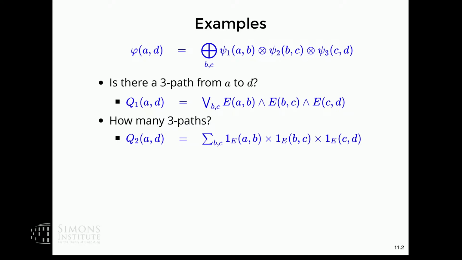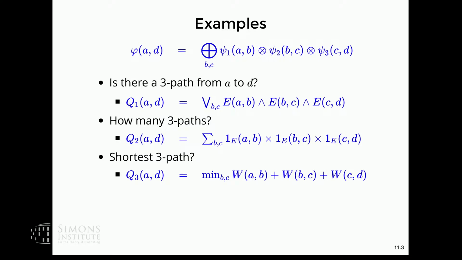We need to use the semi-ring of natural numbers, where now for the function psi1 AB, we need to use an indicator function of EAB, which basically returns 1 if there's an edge from A to B and 0 otherwise. And now the product of the semi-ring becomes the numeric multiplication. The summation of the semi-ring becomes the numeric summation. And now Q2AD is a function that returns the number of 3 paths from A to D.